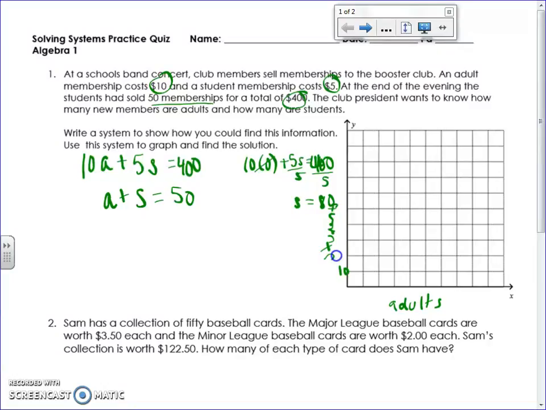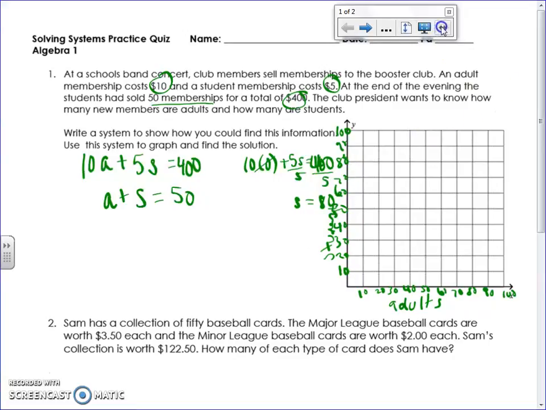So I'm going to go by 10, 20, 30, 40, and so on. And then over here are my adults, 10, 20. Okay, so when I had 0 adult tickets, I was at 80 student tickets.